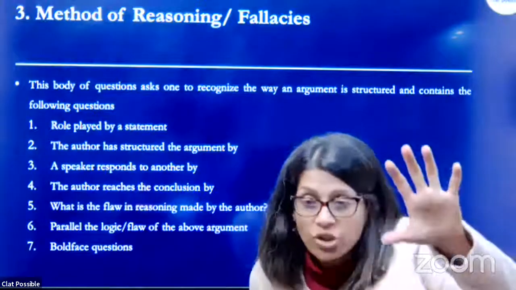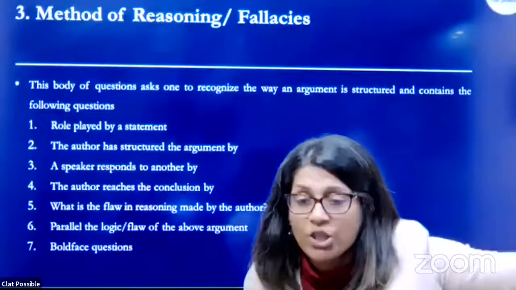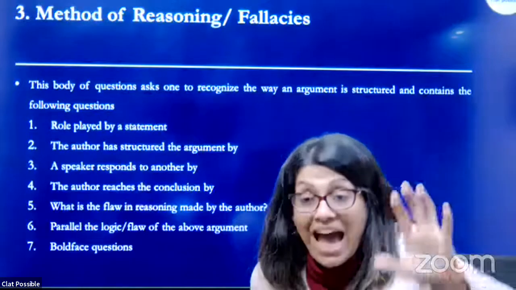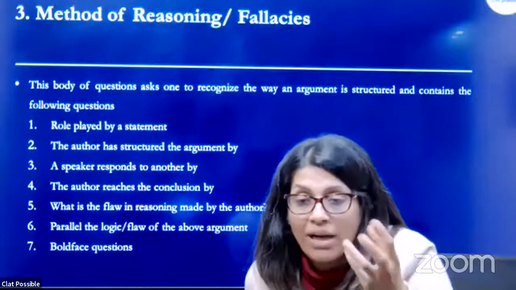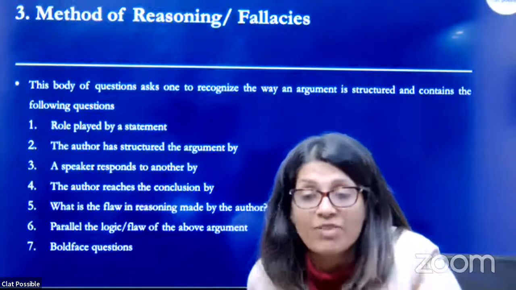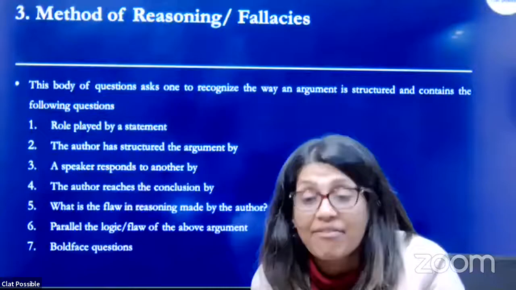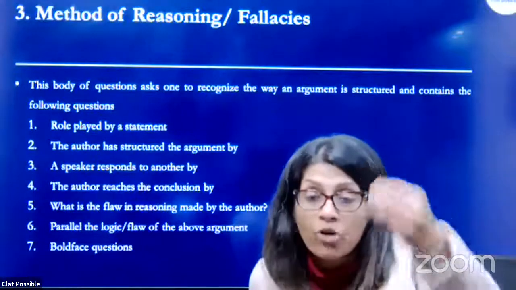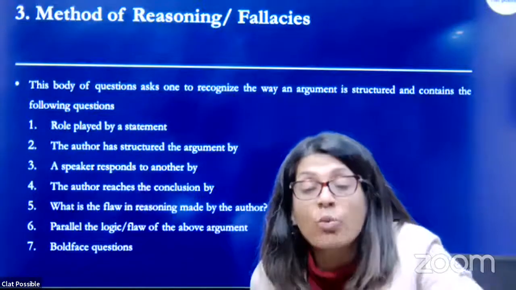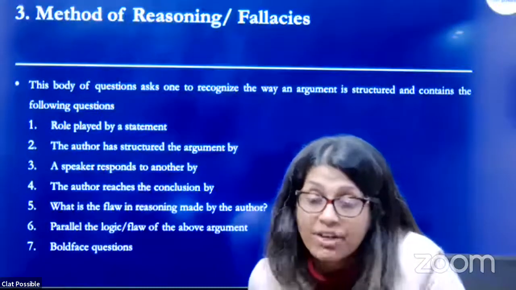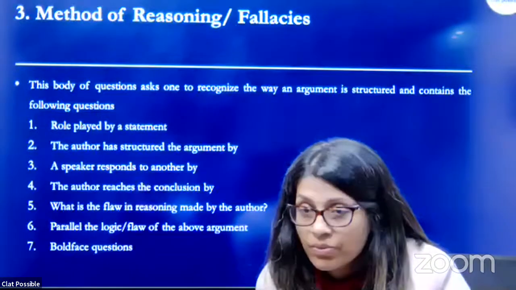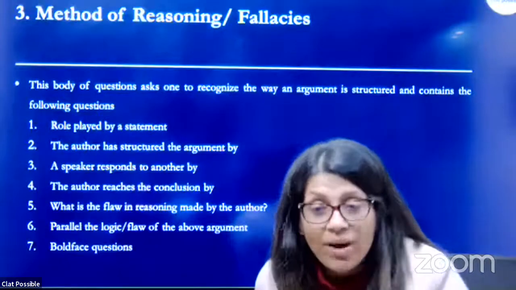So assumption as a process fits into that inference family, but as a content thing, as a tangible thing, it fits into the evidence family because assumption is missing evidence. Just like to support, we bring new evidence. To weaken, we bring new evidence. In assumption, we bring in the evidence which is not written but should be written. In another way, it's new evidence.